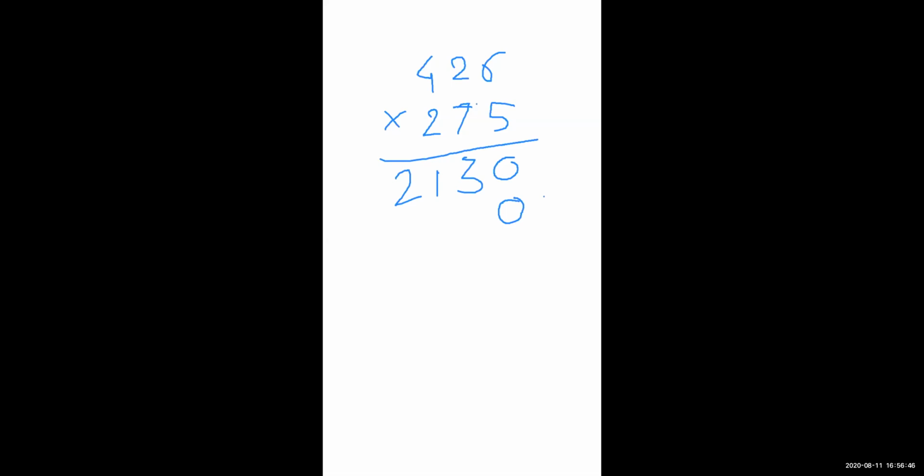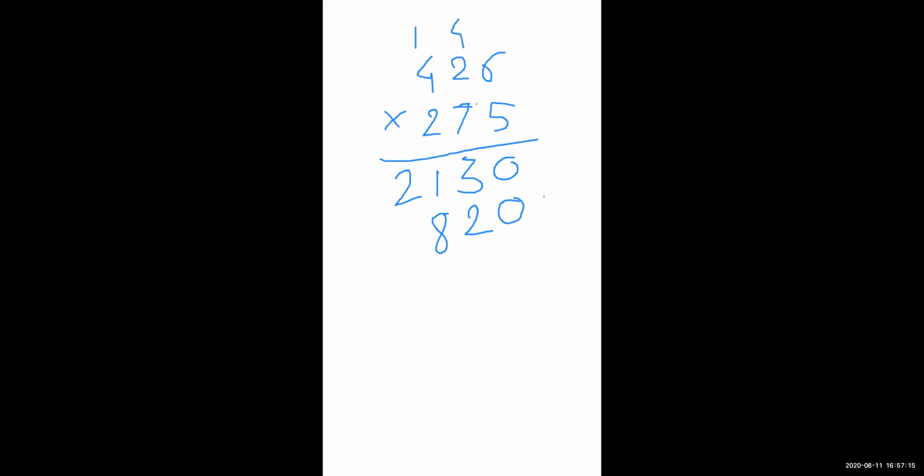Let's multiply. 7 6s are 42. 42 is 2, 4 goes to carry. Then 7 2s are 14. 14 plus 4, that is 18. 18 is 8, 1 goes to carry.